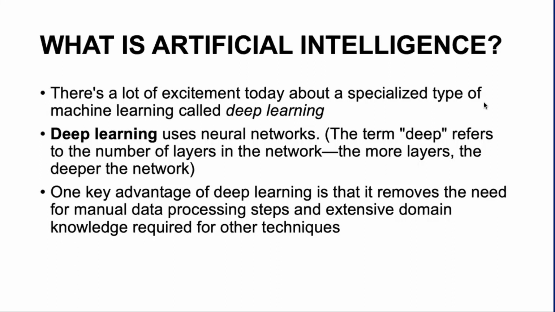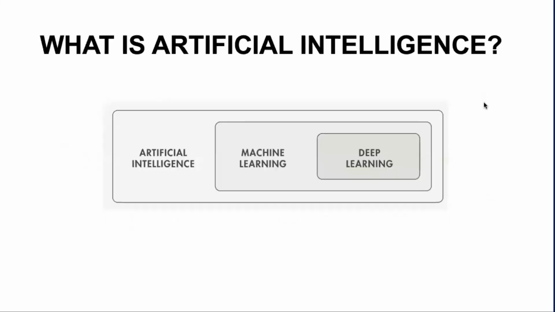And deep learning networks are very useful when it comes to image processing. So most applications that involve image processing prefer to use neural networks as their learning algorithm. Now, one key advantage of deep learning is that it removes the need for manual processing steps and extensive domain knowledge required for other techniques. So later on, I'll show you the whole family of AI, machine learning and deep learning algorithms.